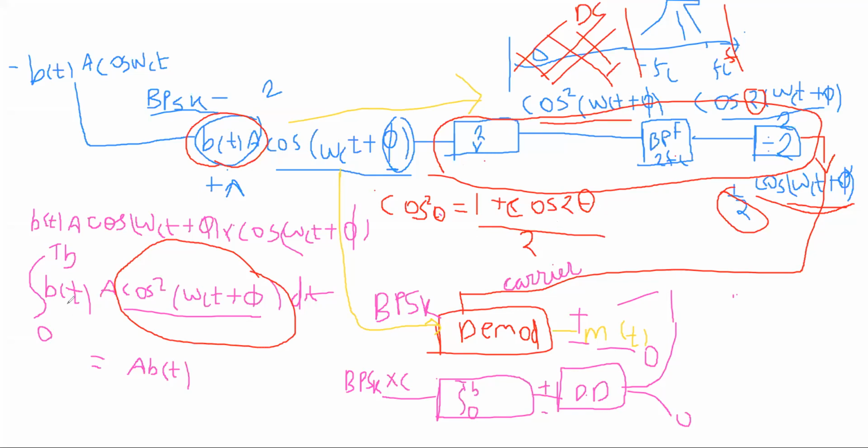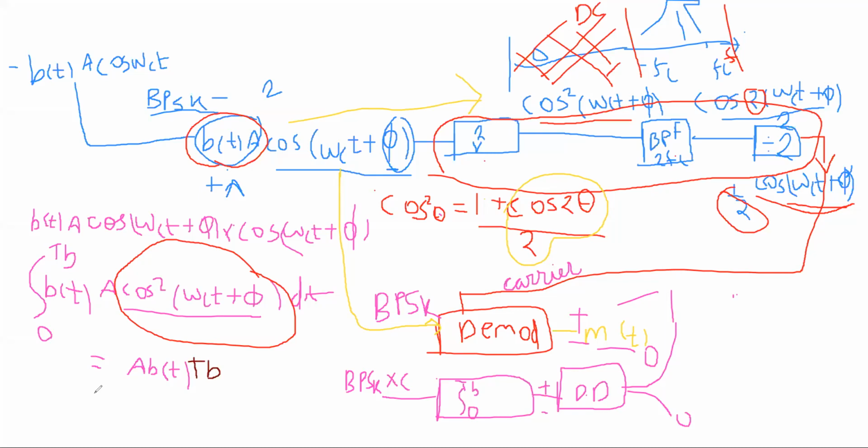When we integrate between 0 to TB, the cosine term gets cancelled because we are integrating over a full interval, and only the one half term remains. Integration of one half will be just TB.